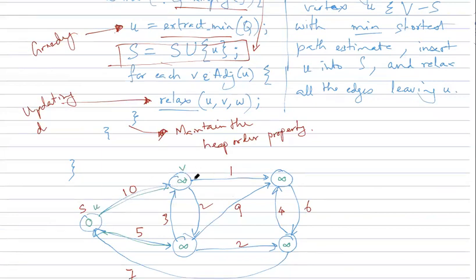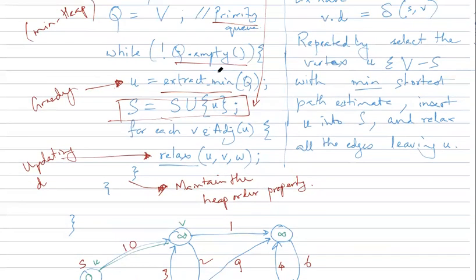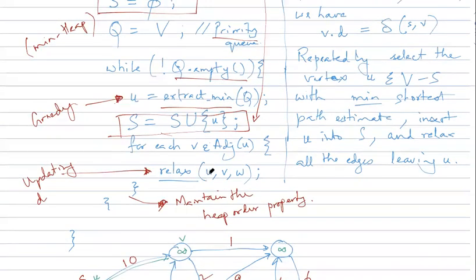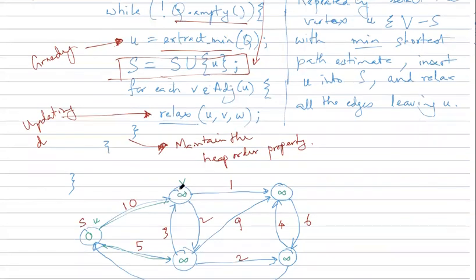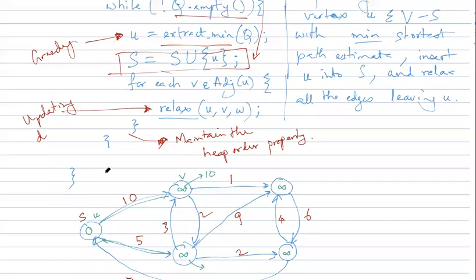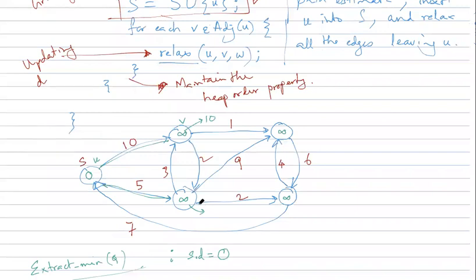With respect to this edge, can we improve on the value of the D of V, which is infinity? So clearly I can improve on this. This becomes 10, because 0 plus 10 is less than infinity. This becomes what? 0 plus 5 is less than infinity. So this becomes 5.